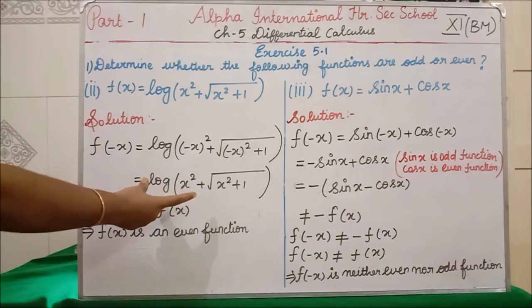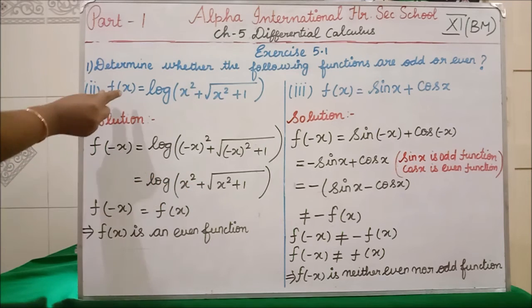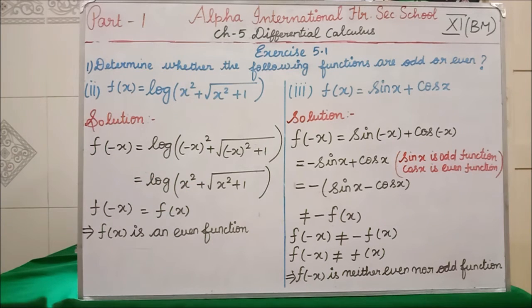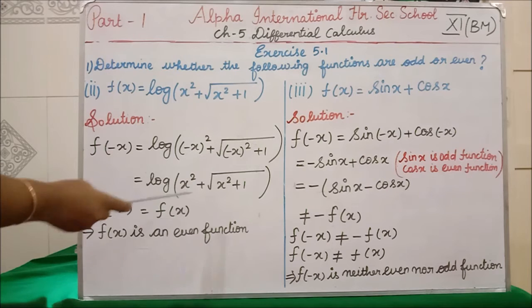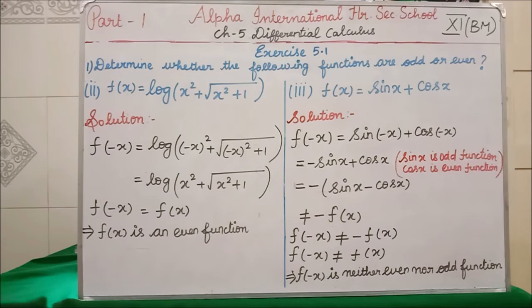Now you see this part, this is what part? This is f of x part. So now f of minus x is equal to f of x we have got. So f of minus x is equal to f of x means it is odd function or even function? Yes, it is even function. So you have to write the answer. f of x is an even function.